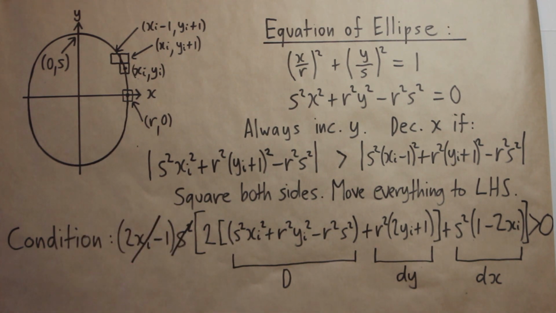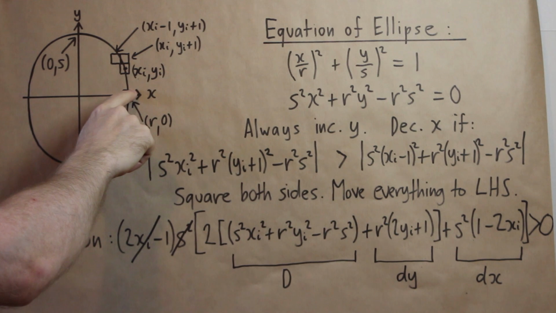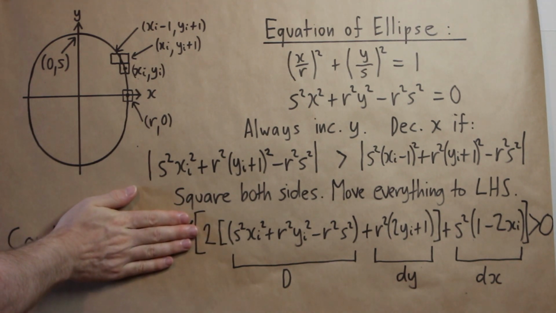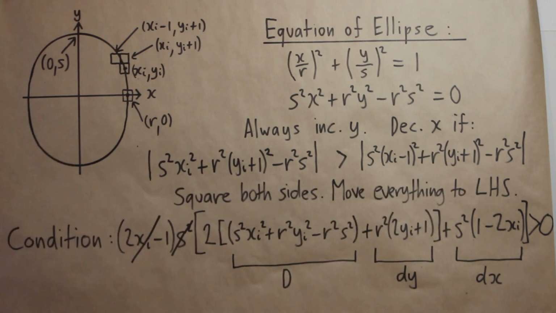So that gets crossed out. And s also should be positive. I mean, if it was 0, we'd just be dealing with a horizontal line, not an ellipse. And we already know how to deal with horizontal lines. So s should be positive for a real ellipse. And so I can just cross that out as well, since it's also not relevant. So we just ignore these, and this is really our condition. This long thing has to be greater than 0.